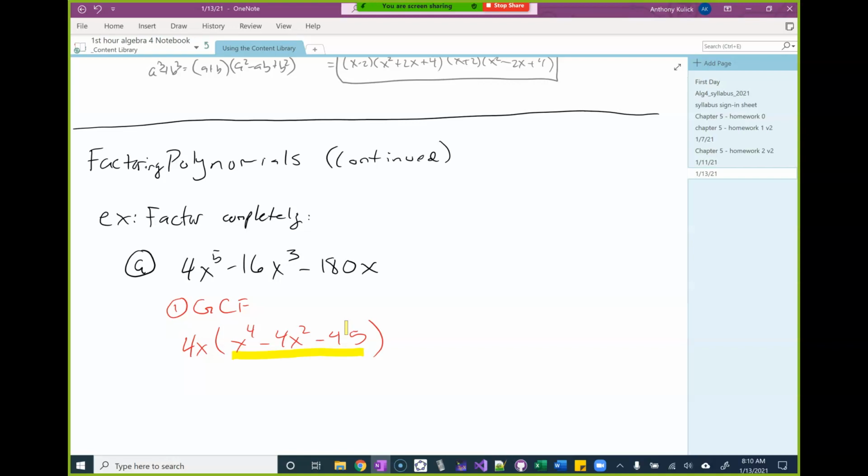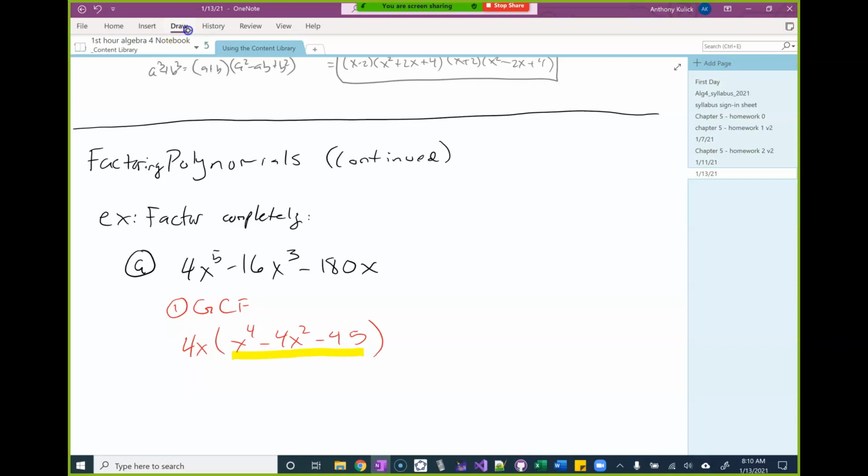So the greatest common factor will stick around out front. We're never going to add anything else out there. That 4x will stay out front for the remainder of our problem. But we're only going to worry about the stuff that's left. Everybody okay with that idea? In this case, it's the x to the fourth minus 4x squared minus 45 part.